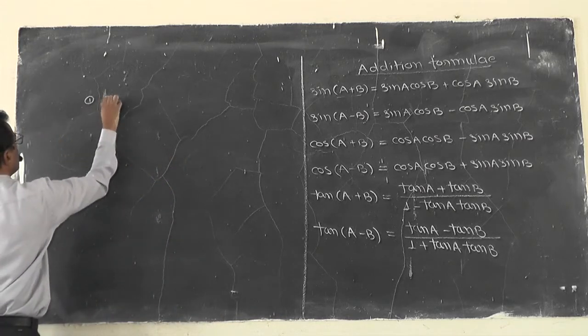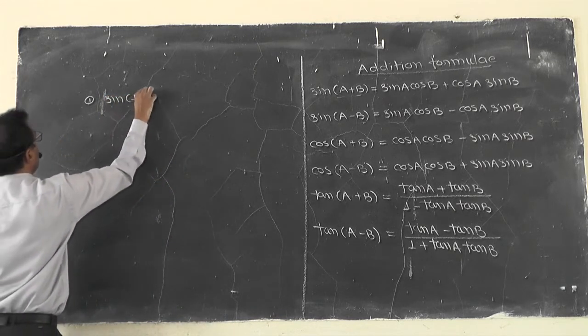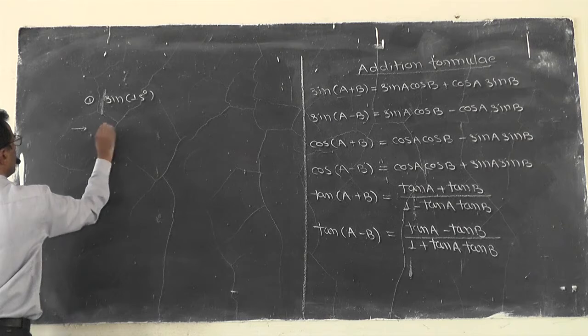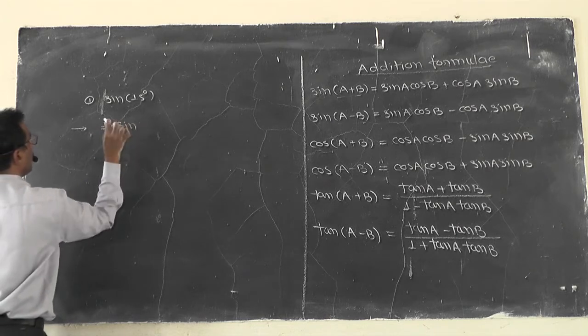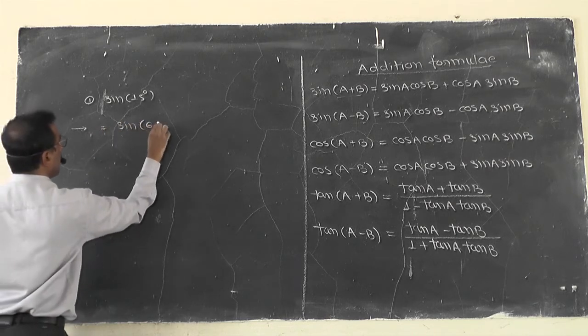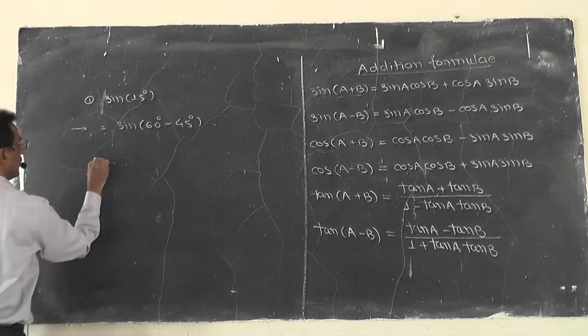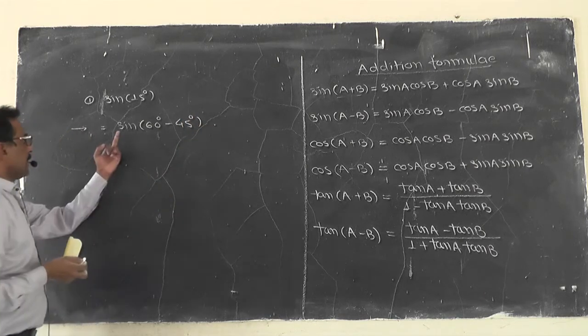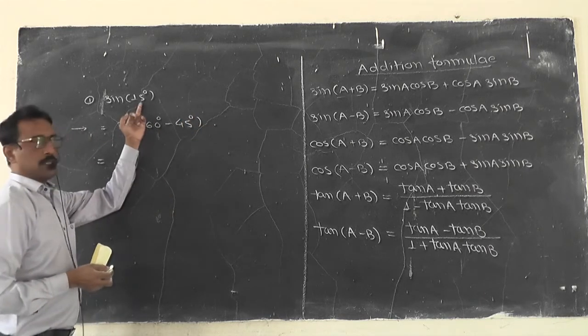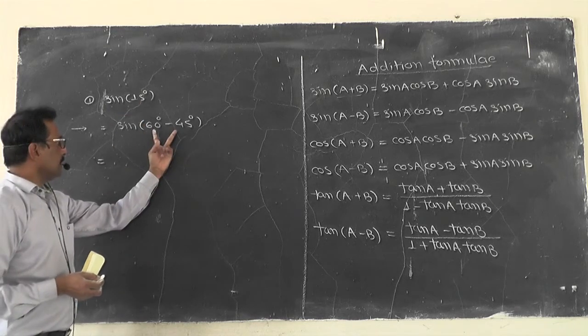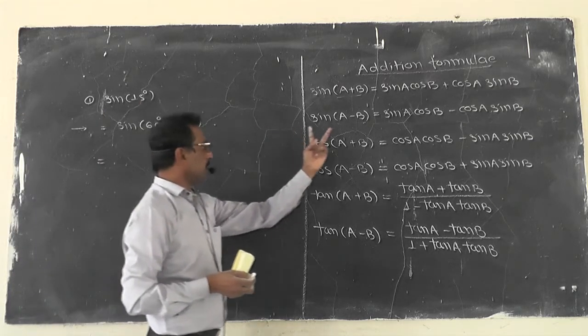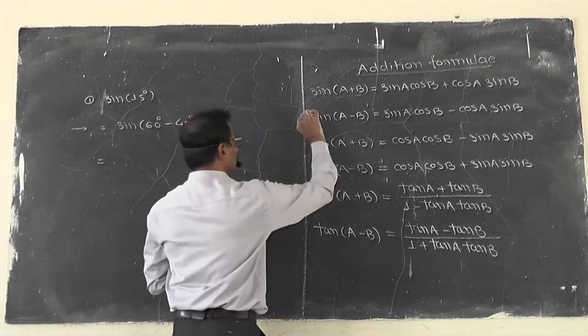Very first it is sin of 15 degree. It can be written as sin of 60 degree minus 45 degree. Sine of 60 minus 45 means 15 degree. It is in the fashion of sine of A minus B. So which formula do we have to use?